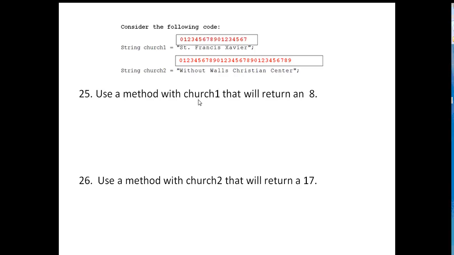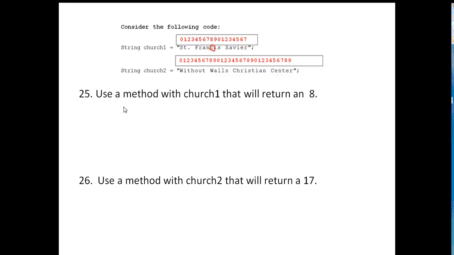Number 25. Here we're going to use a method with church 1 that will return an 8. In church 1, you find the 8 position, which is going to be this C. So what is going to bring an 8 using the C?